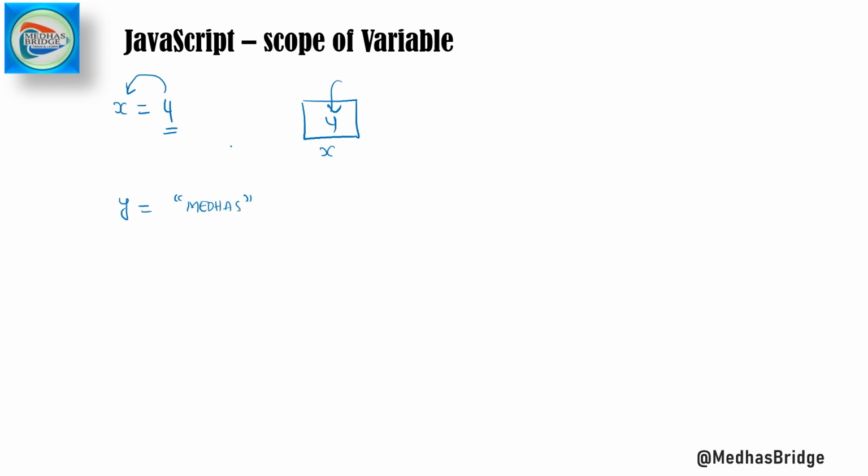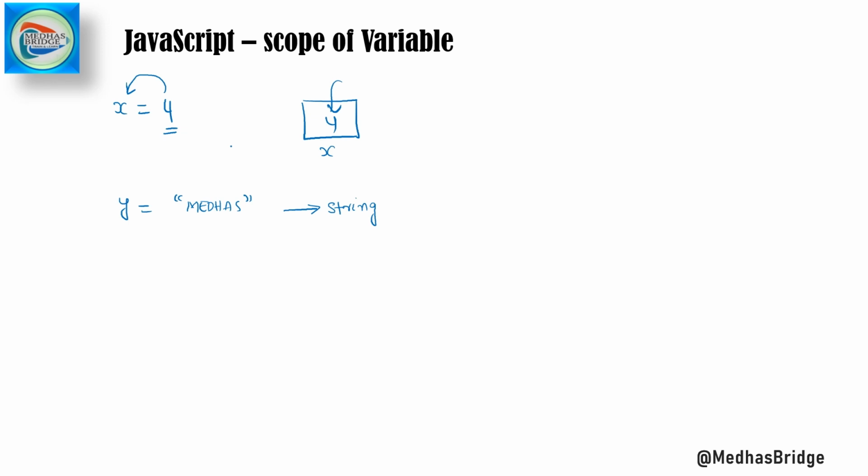Ideally speaking, y is the variable we use to store the string in. So the interpreter during runtime identifies what data type to assign to this variable y. In this case it is a string, right?